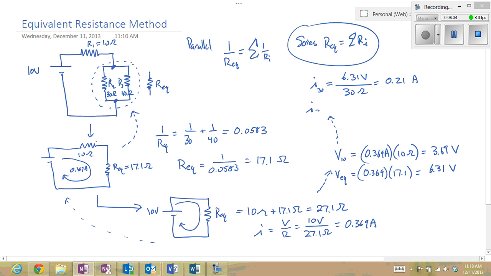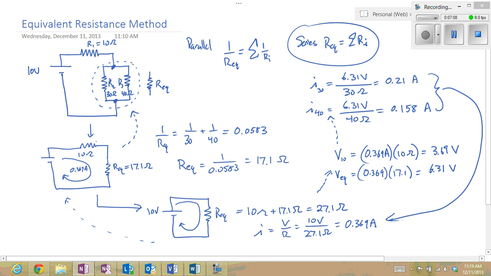The current flowing through the 40 ohm resistor would be the same 6.31 volts dropping across a 40 ohm resistor, which would equal 0.158 amps.